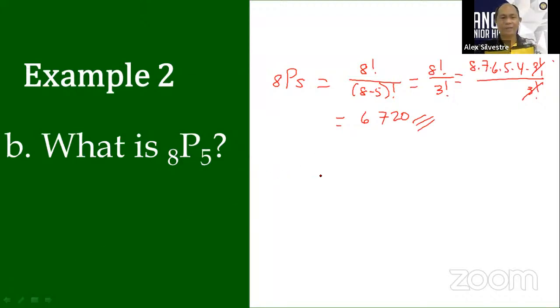Naintindihan po ba? If you have any questions or clarifications on how to operate this permutation, and that is n taken r at a time, wherein our n represents 8, ibig sabihin 8 taken 5 at a time. Naintindihan po?